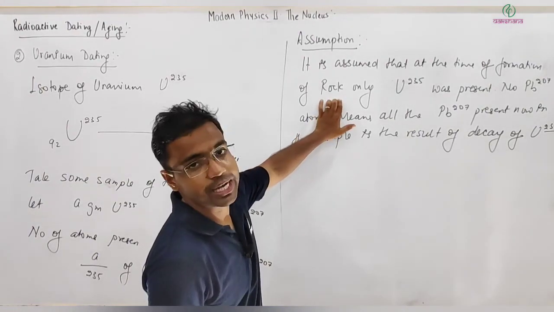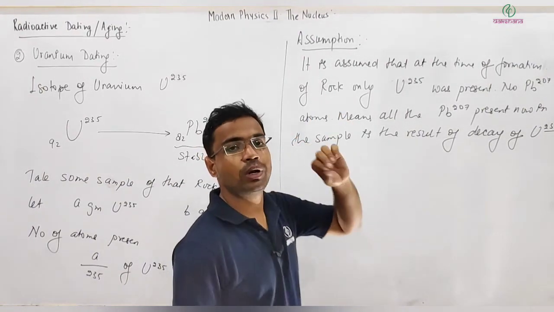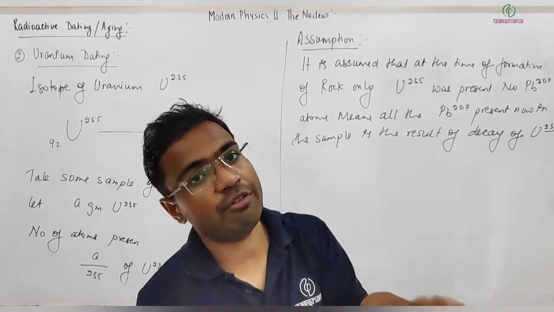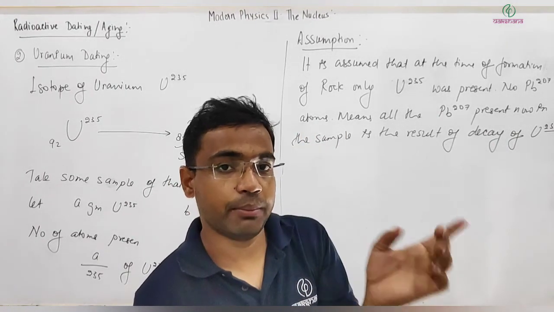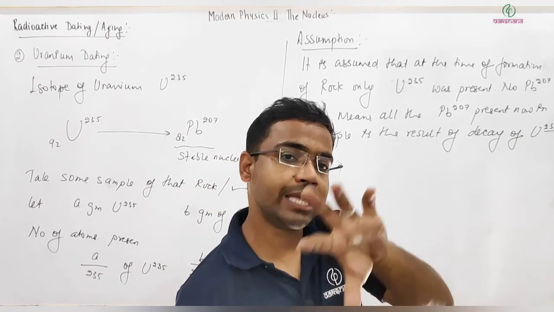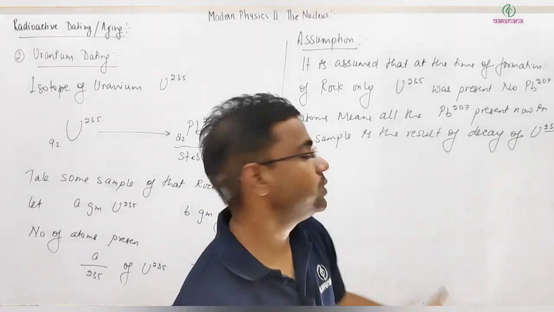Then we have one assumption: whatever lead is present in the rock right now is the product of uranium-235 decay. Meaning uranium-235 has decayed, and only that decayed part is converted into lead.